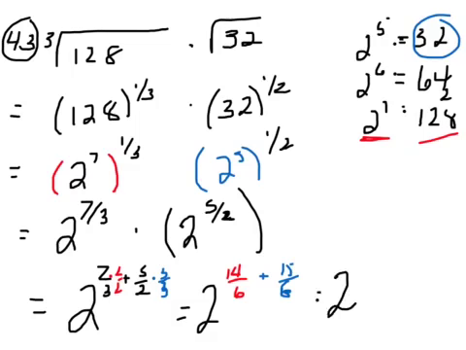When we add fractions, we keep the denominator, 6, and add across the top. That's going to be 2 to the 29/6.